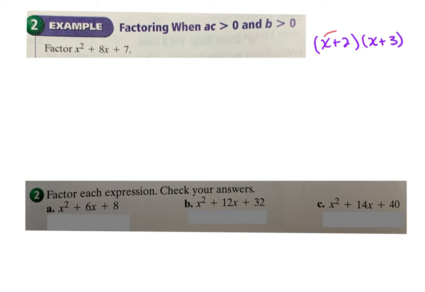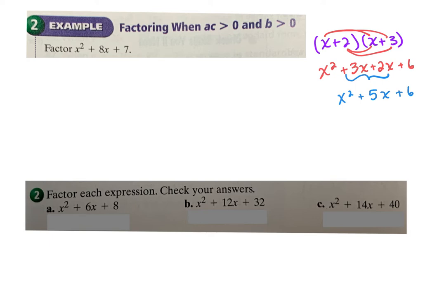If I FOIL this, my first term is going to be x squared. And then I'm going to get these 2 middle terms. I'm going to get 3x and 2x. And my last term is going to be 6. When I simplify this, I add these 2 terms here, and I keep the first and last the same. So that's what happens when I FOIL.